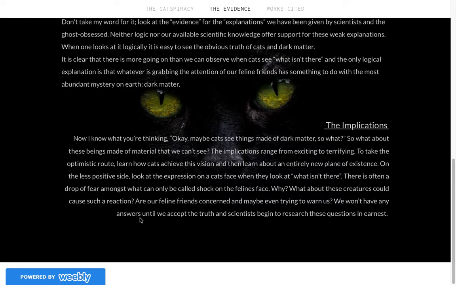We won't have any answers until we accept the truth and scientists begin to research these questions in earnest. That vagueness really helps conclude this whole theory, and begging the question is really quite a favorite for conspiracy theories, as it helps to create this internal logic which seems consistent even if not credible.